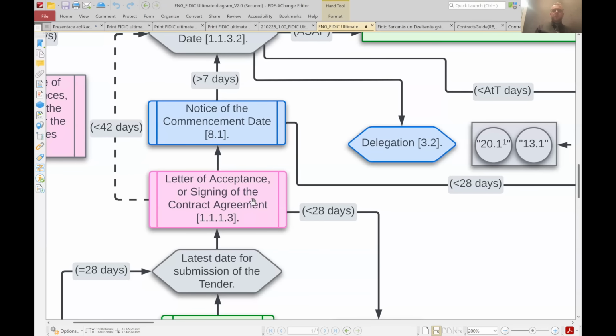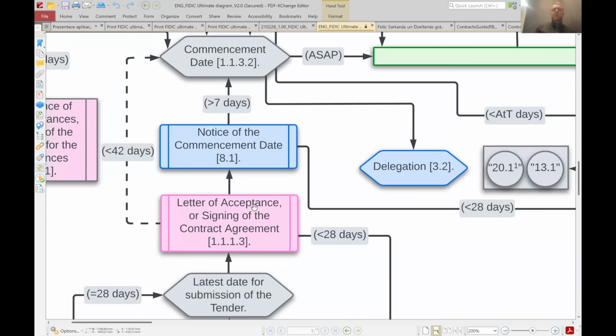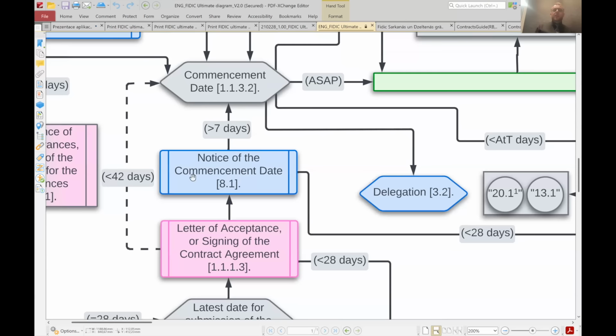Again, the contractor is signing the contract agreement with the employer, and immediately after that, the engineer goes to the stage. The engineer is the one who's managing the construction process, and he should be the one who's giving the notice when to start the commencement of the work.